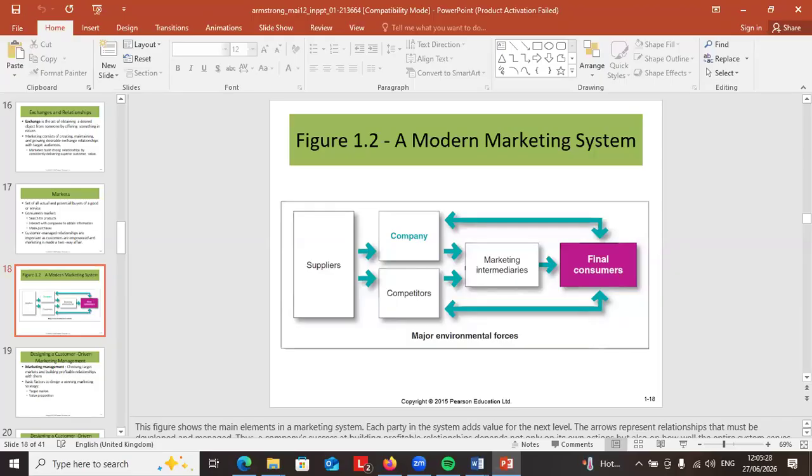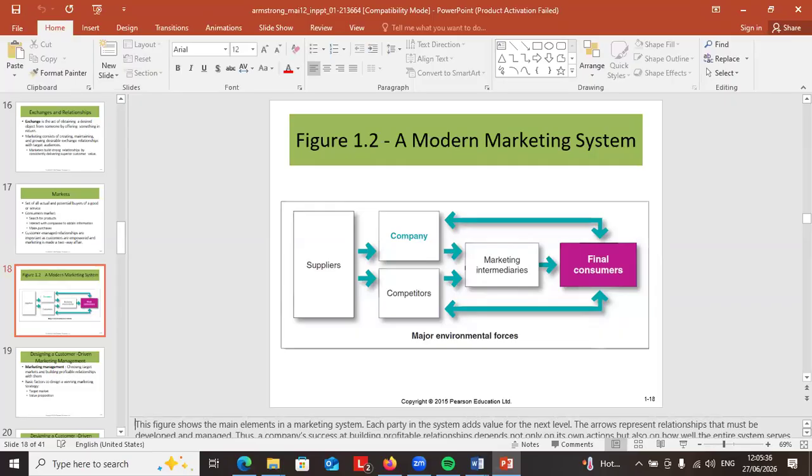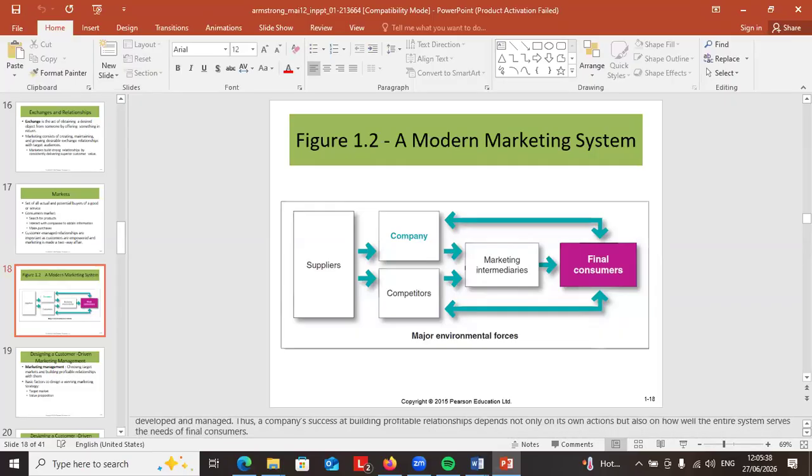Now, each party in the system adds value to the next level. And the arrows you are currently viewing represent relationships that must be developed and managed over time. Thus, a company's success at building profitable relationships depends not only on its own actions, but also on how well the entire system serves the needs of the final consumer.